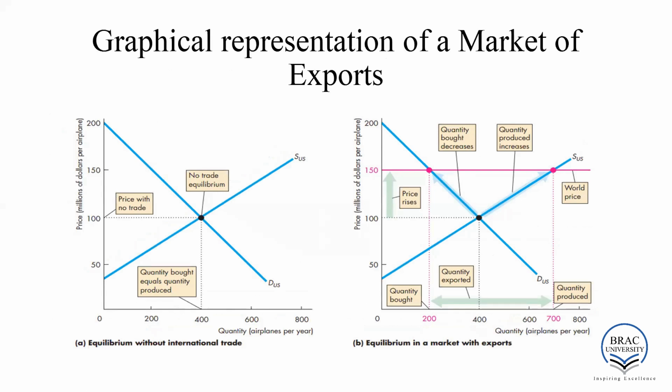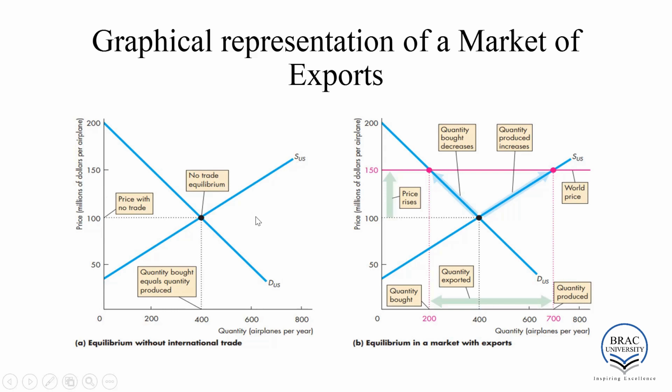Now let's look at the graphical representation of a market of exports. So here we have two graphs. In the first graph, we have quantity of airplanes on the x-axis and price of airplanes on the y-axis. We have demand of airplanes and supply of airplanes in US. And in the first scenario, there is no trade.